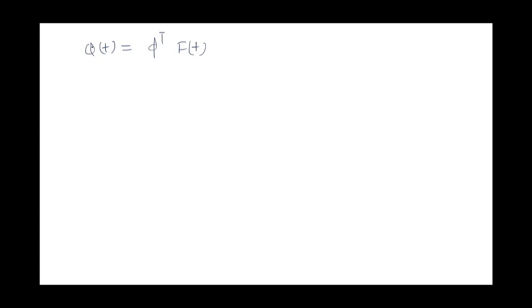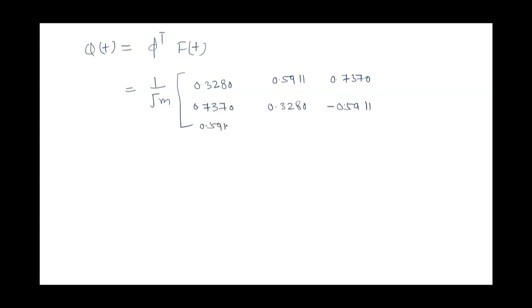So q t is the transpose of the modal matrix, 1 over under root m, and this can be written as 0.3280, 0.5911, 0.7370, 0.7370, 0.3280, 0.5911, 0.5911, minus 0.7370, and this is 0.3280.